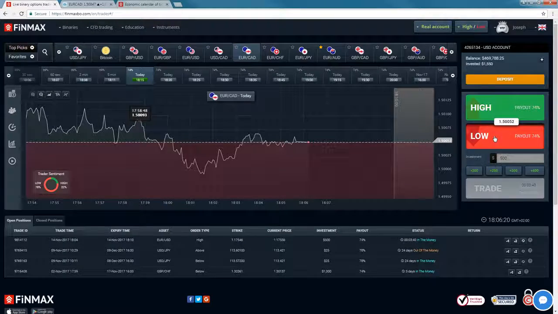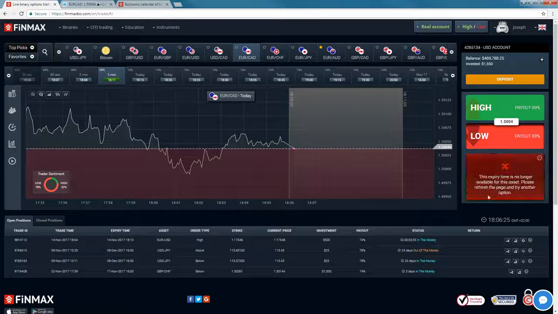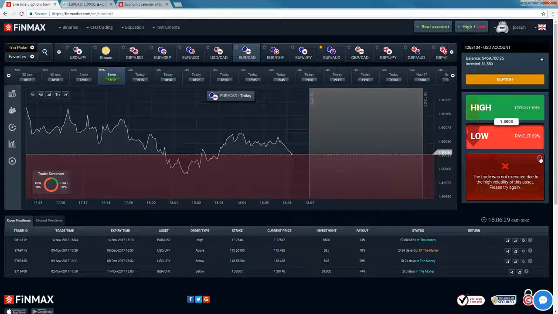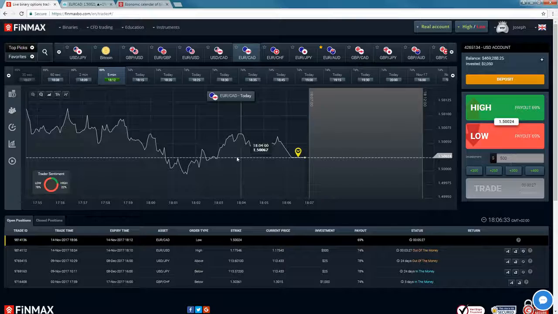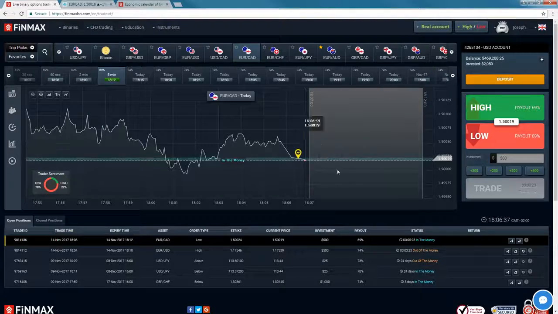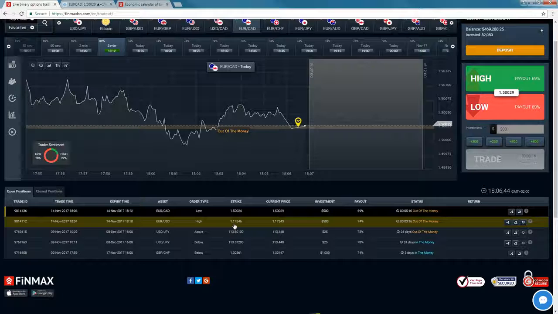Okay, let's trade low. Let's start with 5 minutes. I'll invest the same amount. Here it is. We started trading on low. Okay, currently the new trade that we started is in the money. However, Euro US dollar is currently out of the money.